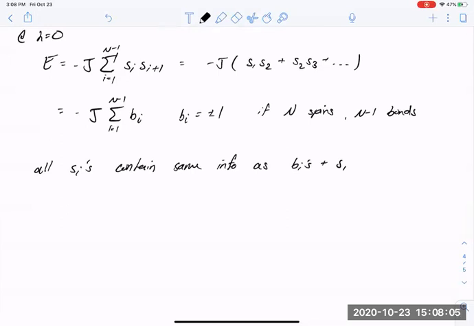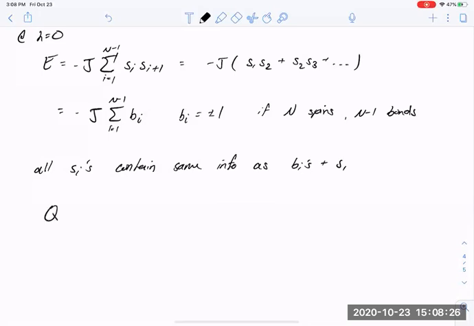So there exists a set of equations relating the Bis to products of Si times Si plus 1, with one remaining free parameter, which is the value of spin 1.